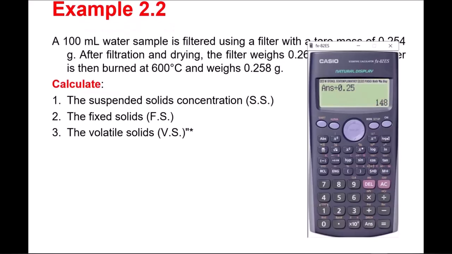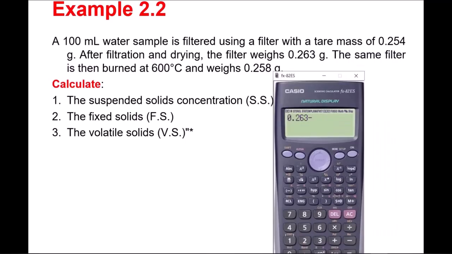To find the suspended solids concentration, we calculate the difference in weight and divide by the sample volume. The difference is 0.263 minus 0.254, which equals 0.009 grams. Since the sample volume is 0.1 liter, the suspended solids concentration is 0.09 grams per liter or 90 milligrams per liter.